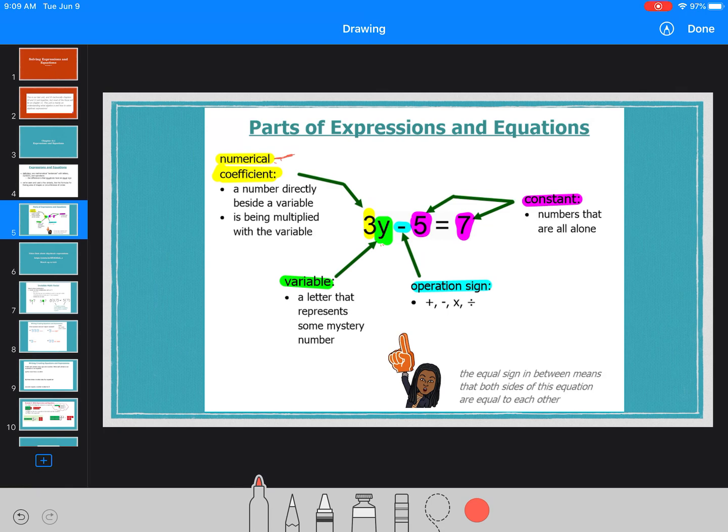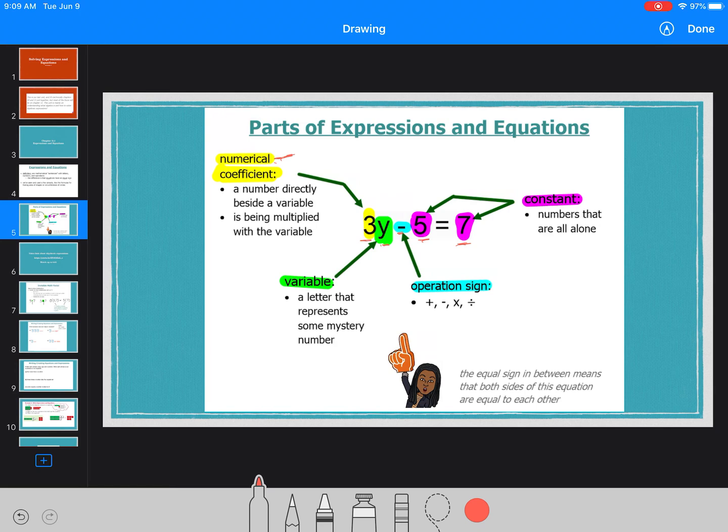So it's just a letter that represents a mystery number. Then you have your usual operation sign, and then you have your constants, which are numbers that are all alone. You know exactly what that number is. So numerical coefficients, variable, operation, constants.